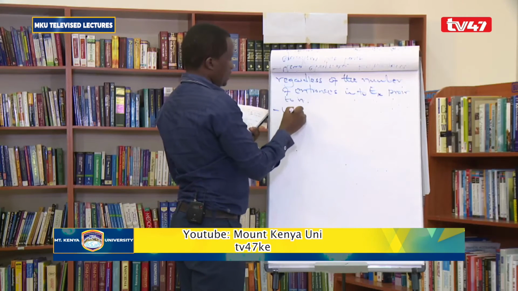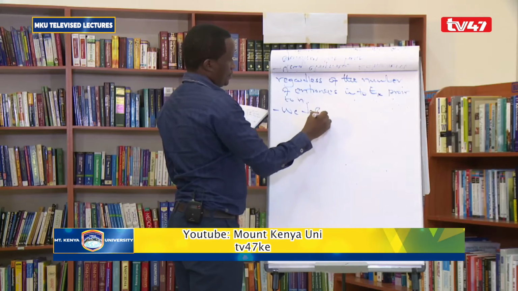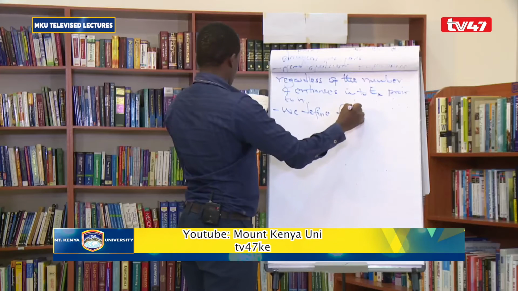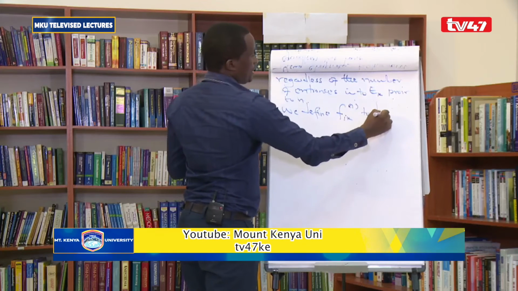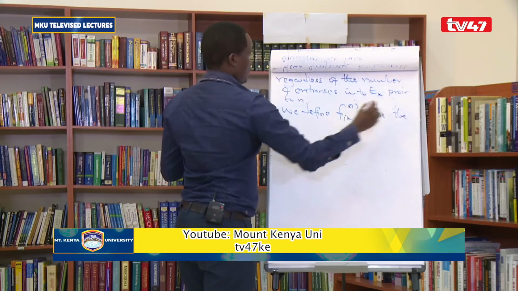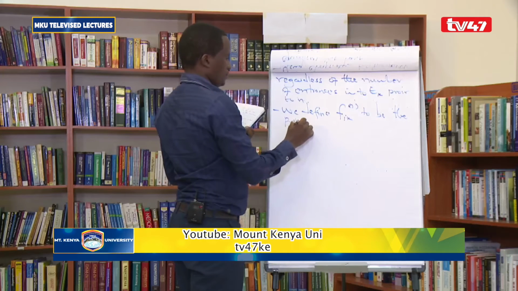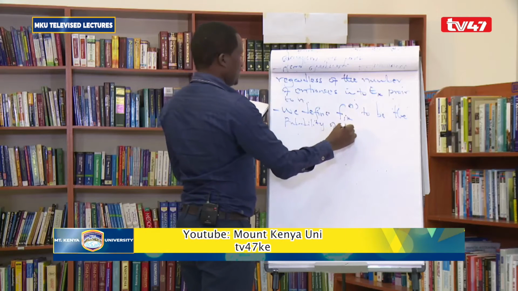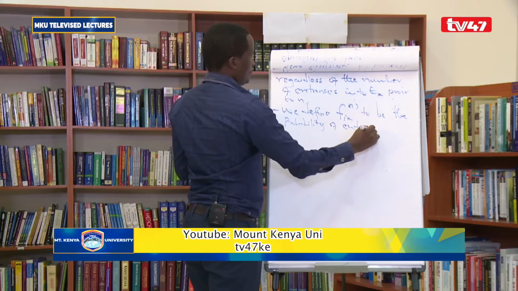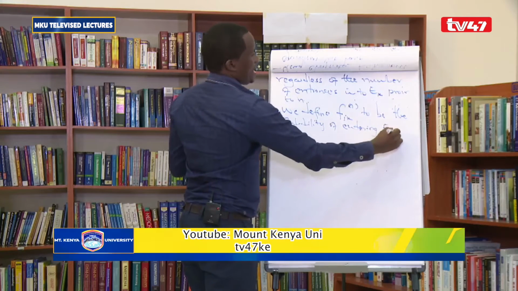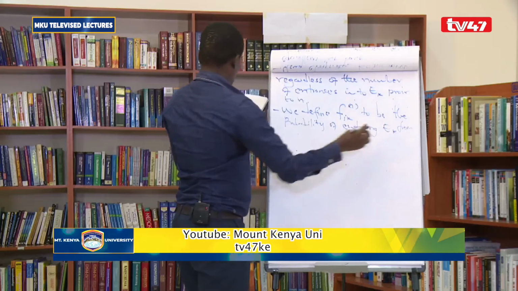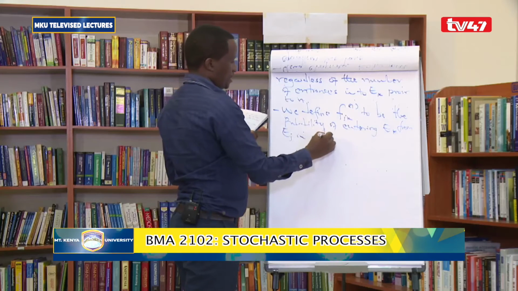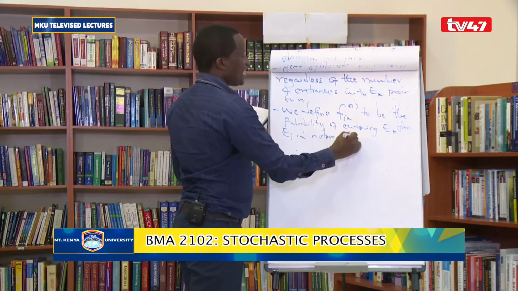We define f_jk^(n) to be the probability of entering state k from state j in n steps for the first time.